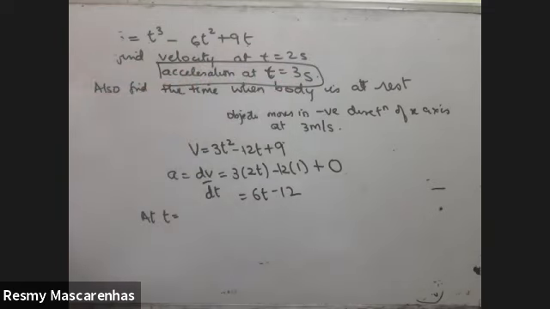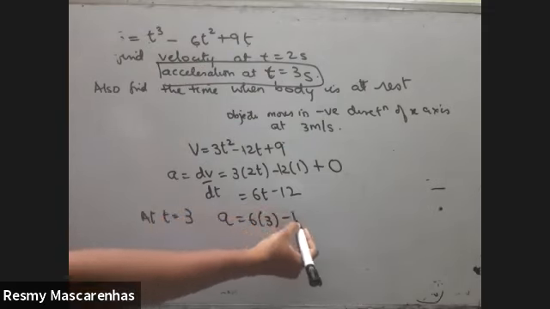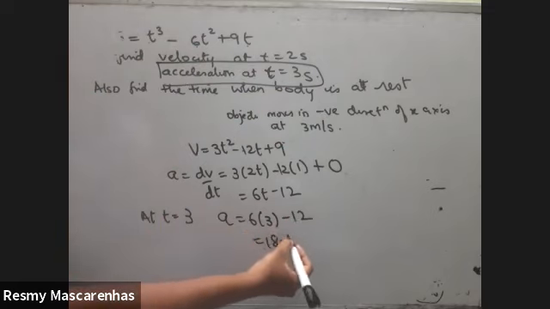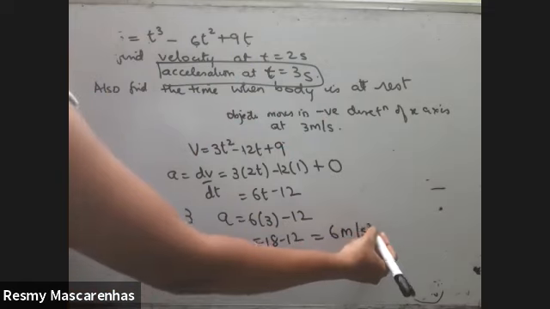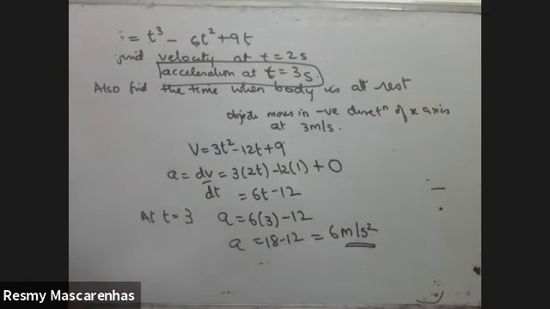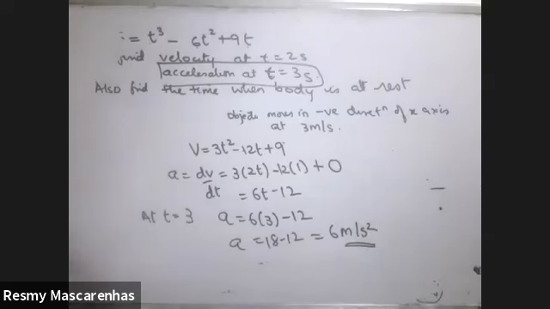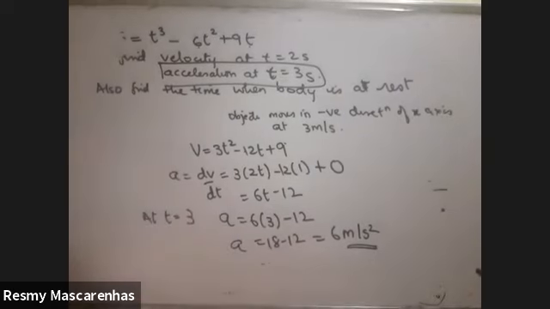Don't get mixed up with this. So t equals to 3. So A will be 6 into 3 minus 12. Now check for the unit. Meter per second square.